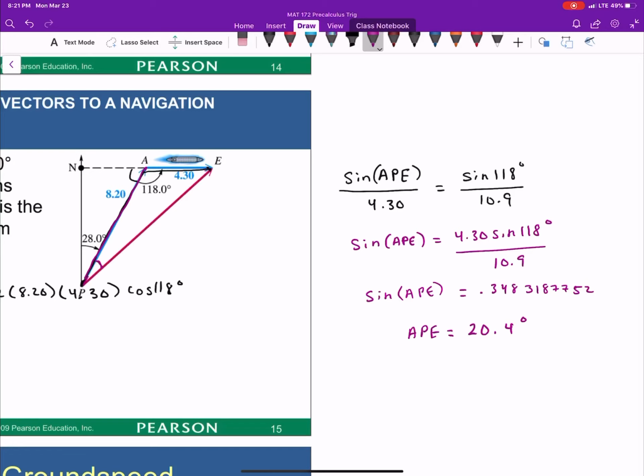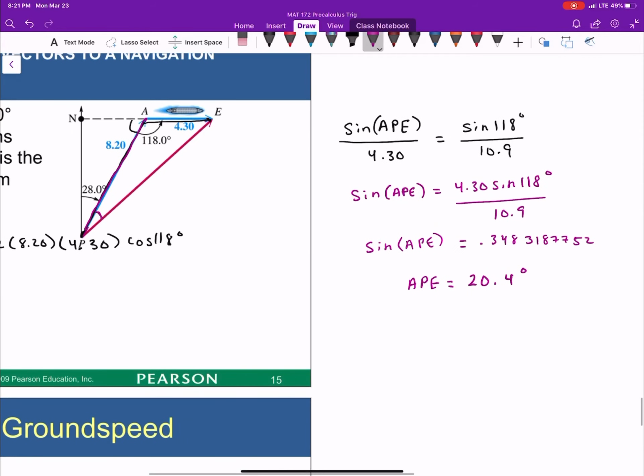So when we're looking at this problem, we just found the angle that's APE. Now, keep in mind that we're really looking for the whole bearing angle. So the bearing is equal to the original bearing, 28 degrees, plus the 20.4 degrees that we found.